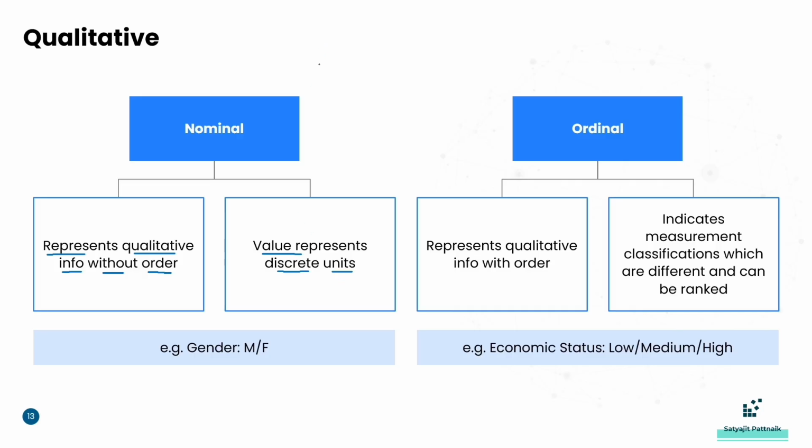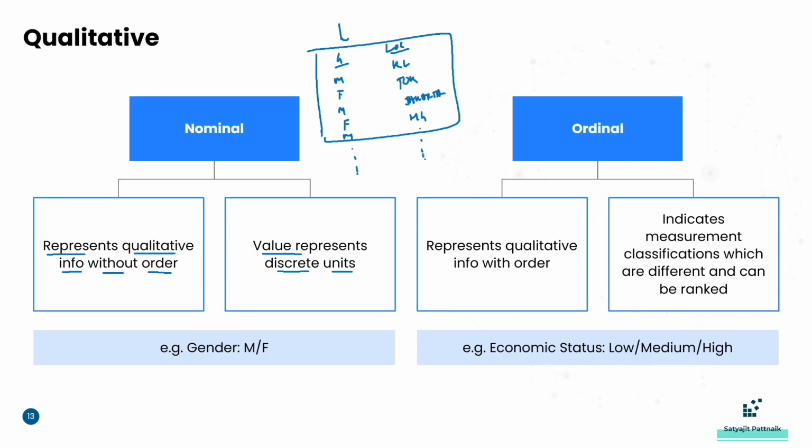For example, in a dataset you have a column called gender: male, female, and so on. Similarly, another example could be location: Kuala Lumpur, Tokyo, Jakarta, Hong Kong, and so on. First of all, these are categorical data, and inside categorical data, they do not follow any order. That means it is nominal data.